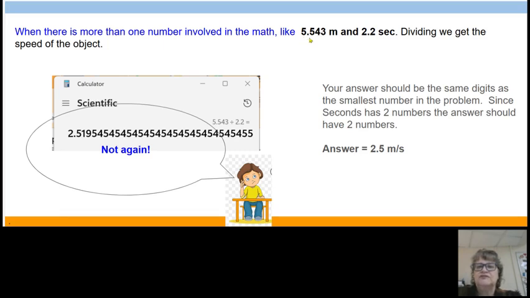So this one gives me 4 numbers. This one gives me 2 numbers. So my answer is going to be the first 2 numbers. The only time that it's not the first 2 numbers is when it starts with a 0. If it starts with a 0, go all the way till you get to an actual number, then start counting.